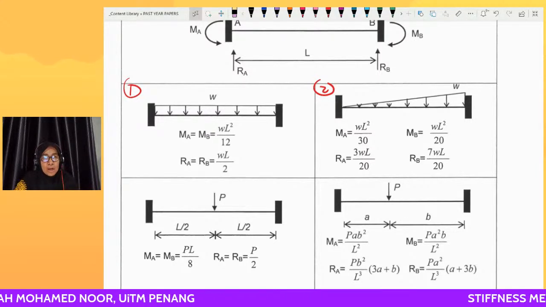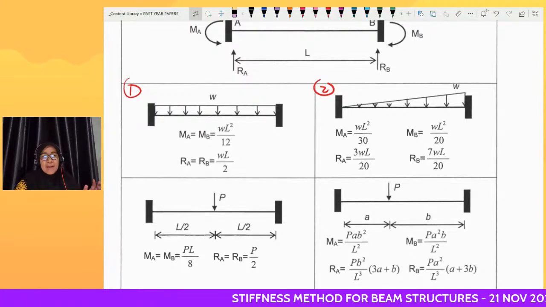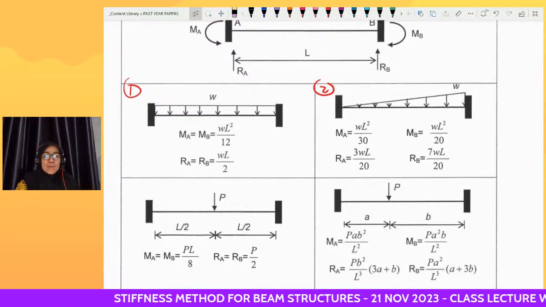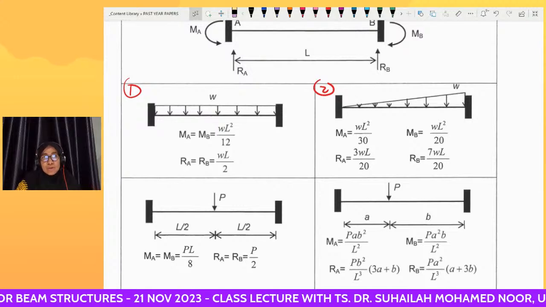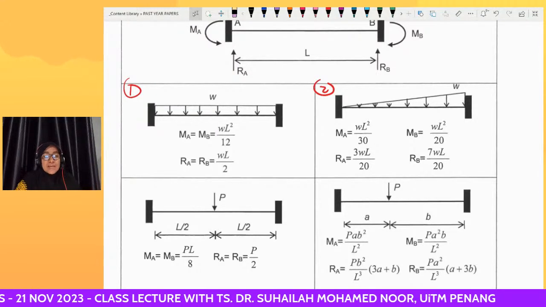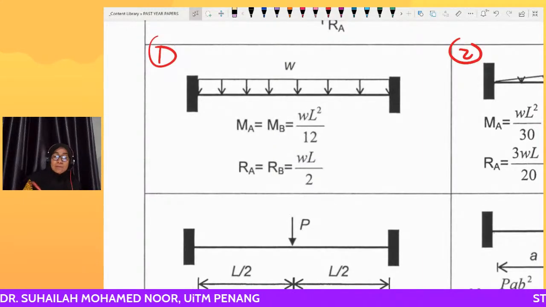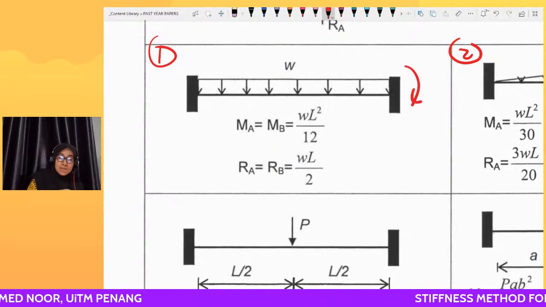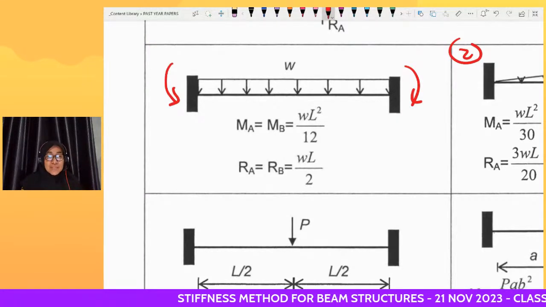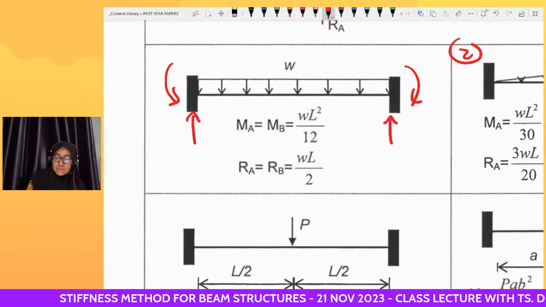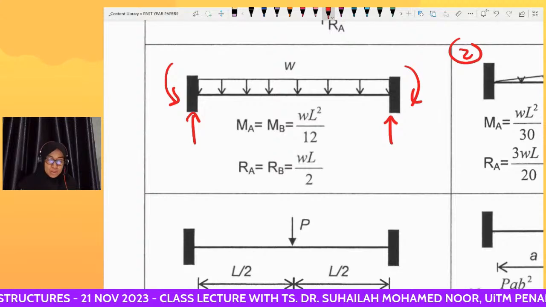So for the fixed end action, vertical reaction and fixed end moment, the formula will be the same because the geometry is equal.